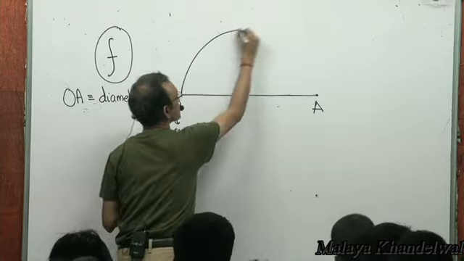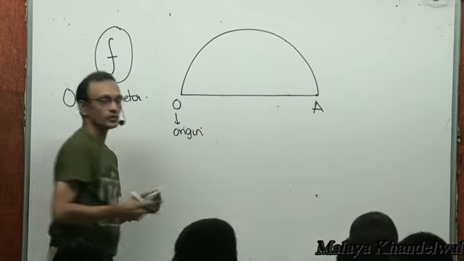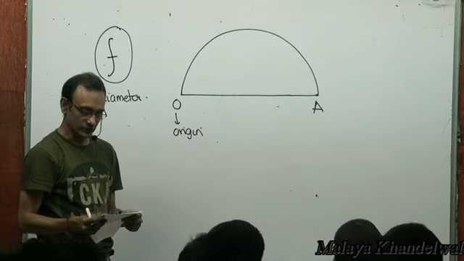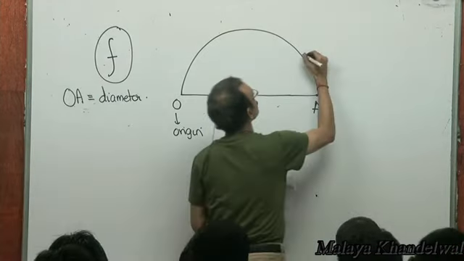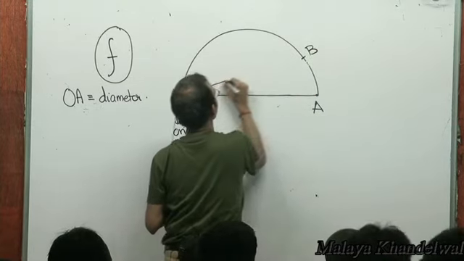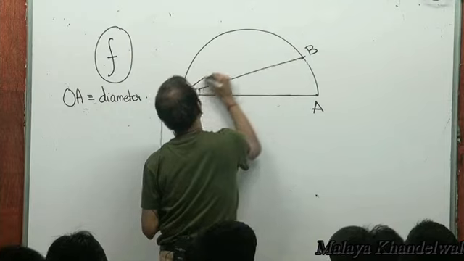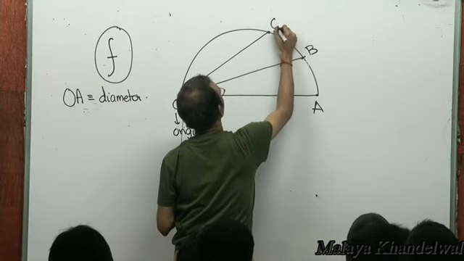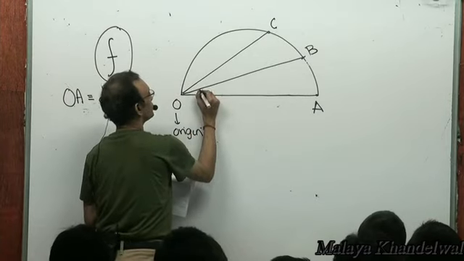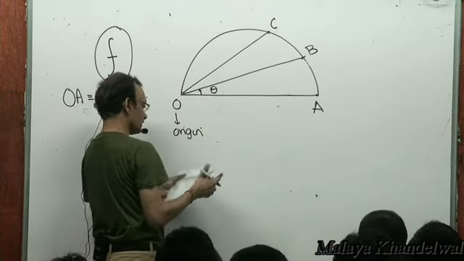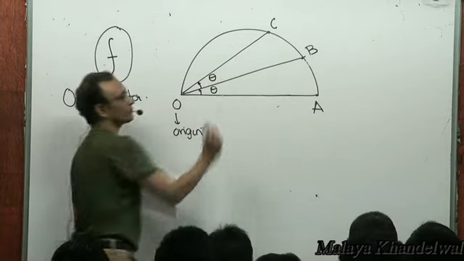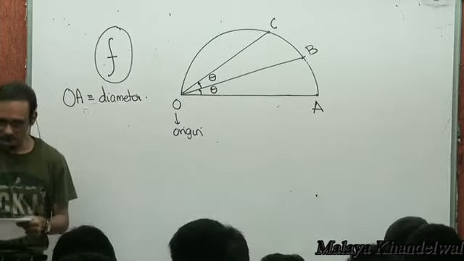So let's say this is a semicircle that I draw, right? And 2 points on this circle are chosen, B and C, such that angle AOB is theta, angle BOC is also theta. Clear?